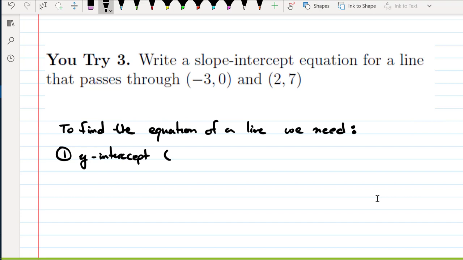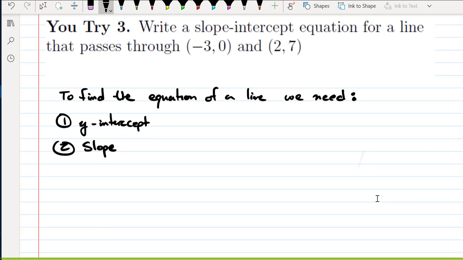Any point will do, but we'll use it to find the y-intercept. And 2, we're going to need the slope. So let's start with the second one.